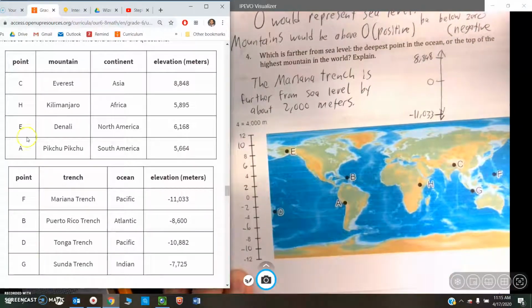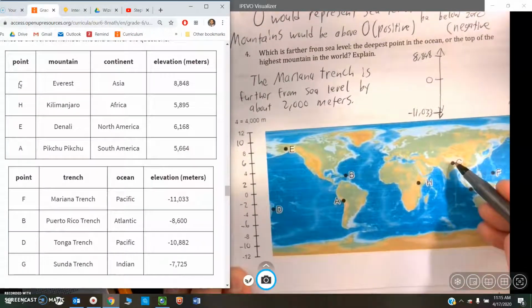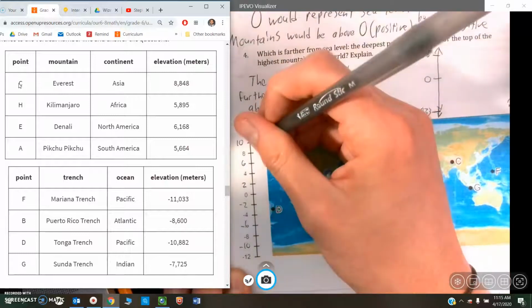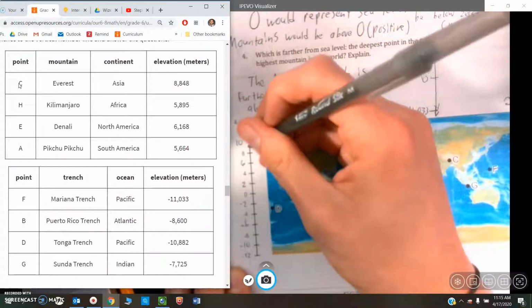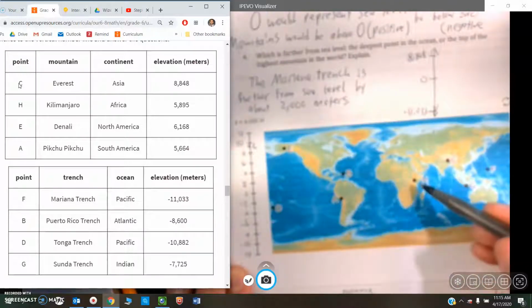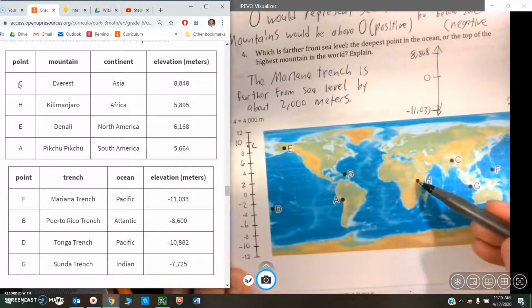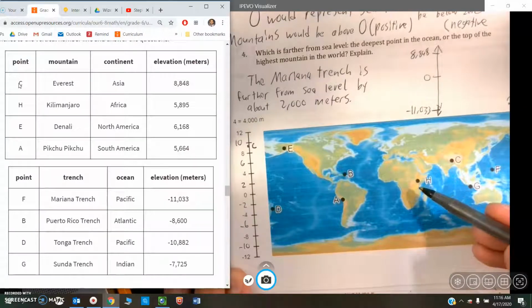All right, and if I look over at my table, Mount Everest is point C. So here's Mount Everest. It's over here in Asia, and that's about 9,000. So I would put Mount Everest about here, just below 10,000. Kilimanjaro is over in Africa, H, and Kilimanjaro is almost 6,000.